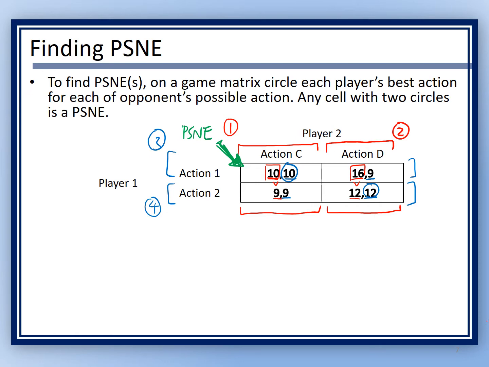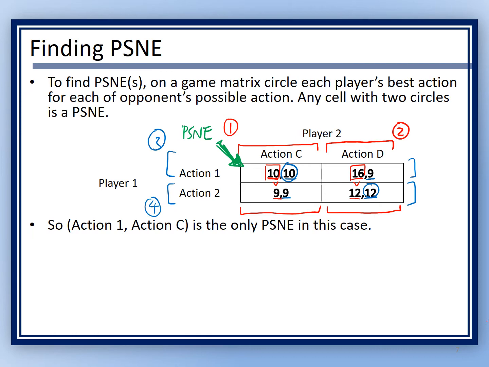The corresponding action is player 1 taking action 1 and player 2 taking action C. That's the only pure strategy Nash equilibrium in this case, because no other cell has circles around all its numbers. In some other cases, you would realize that there might be more than one equilibrium. It's possible. As long as a cell has circles around all its numbers, that's a pure strategy Nash equilibrium.